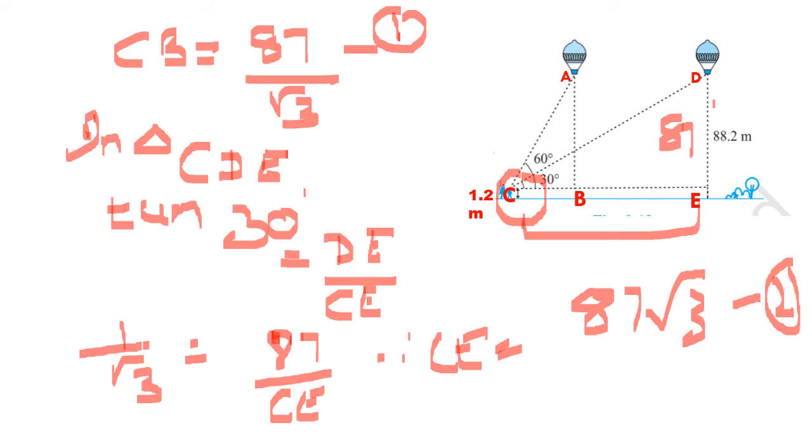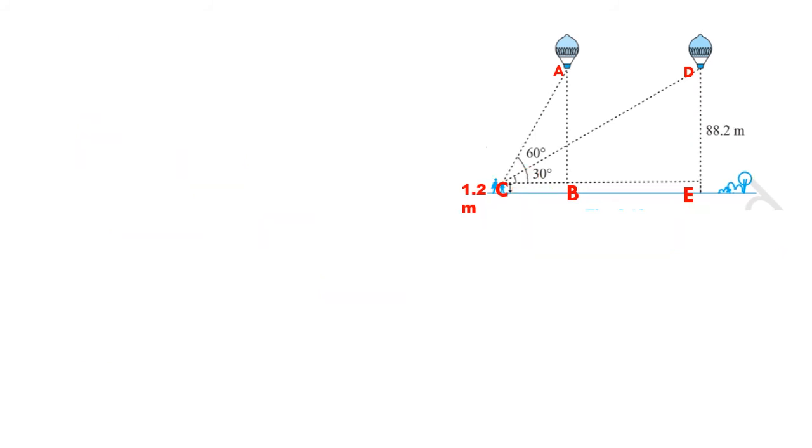The greater triangle minus the smaller triangle. Therefore, we need to find BE.